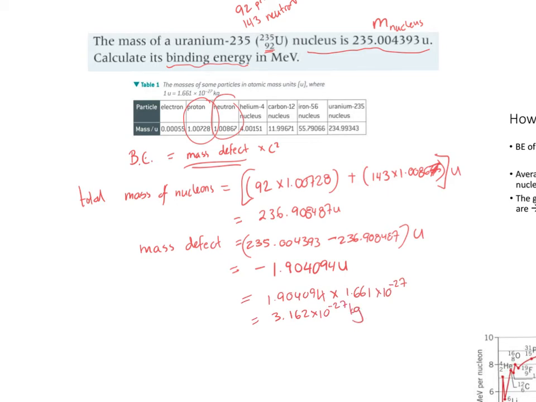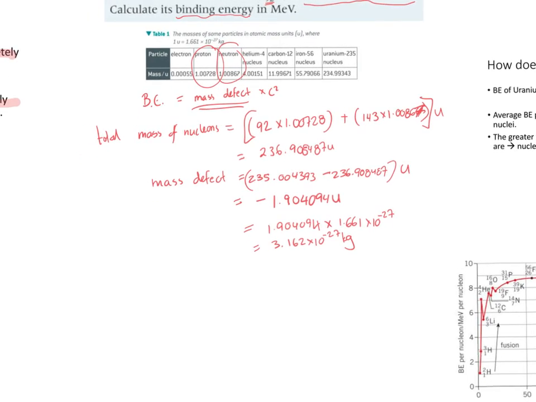So this is where I can calculate the binding energy now straight away. I just simply have to multiply this mass defect with the speed of light squared. So binding energy is equal to that number times the speed of light squared, which gives us a value of 2.84 times 10 to the minus 10 joules.